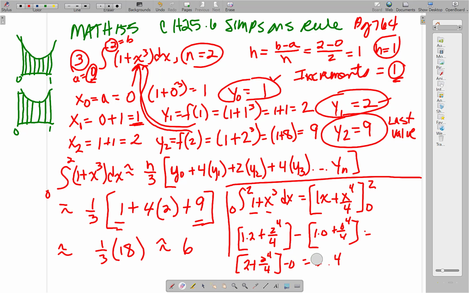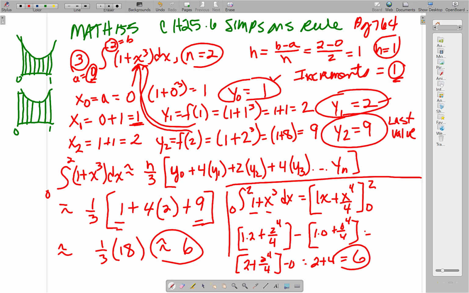Oh my goodness, what am I doing here? Let's write this a little bit neater. 2 plus 4, which equals 6. So notice in both cases we got 6. So that's just to show you that Simpson's rule does work. It approximates the area under the curve, or what we call the definite integral from 0 to 2.